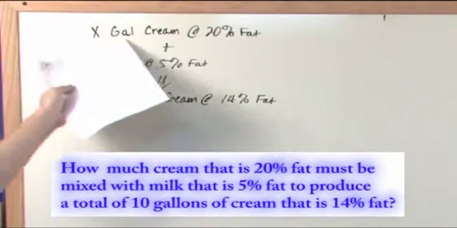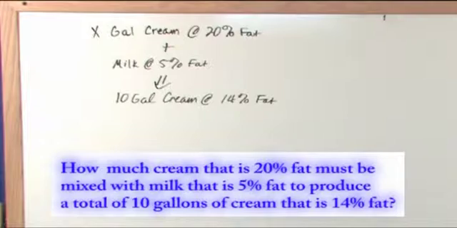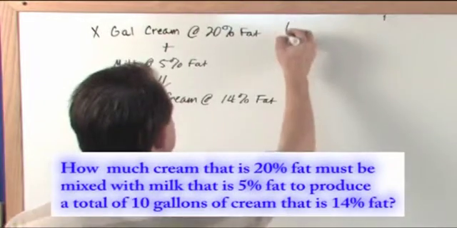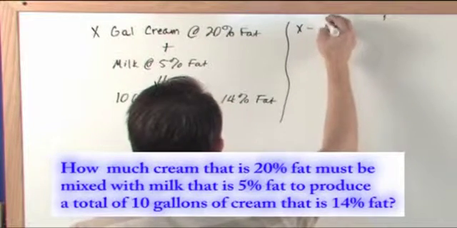We're taking so many gallons of cream, we're mixing it with some milk, and we're getting some cream that has less fat in it. So X is going to be how many gallons of cream?